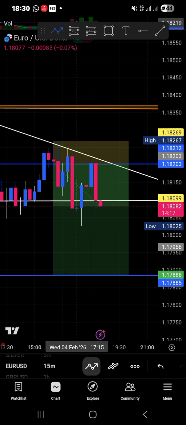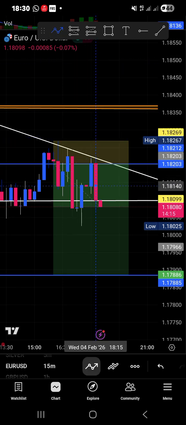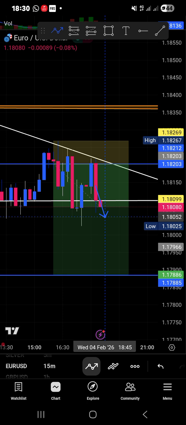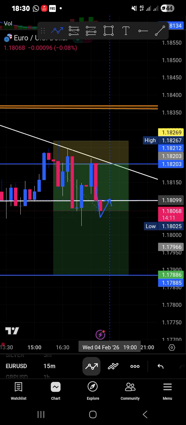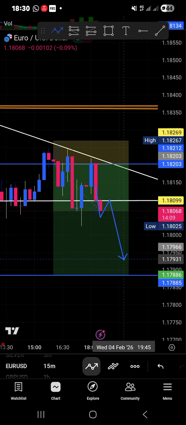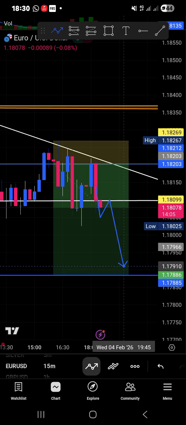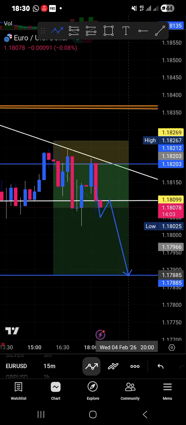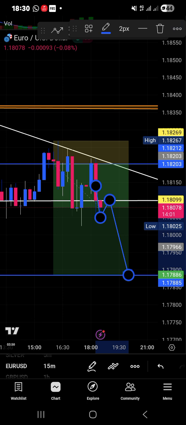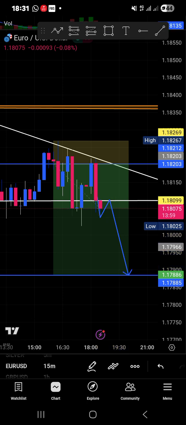Let me show you what I'm saying. As we've broken to the downside, I'm waiting for a retest, and then I'm going to add another trade. So I must wait for a retest.